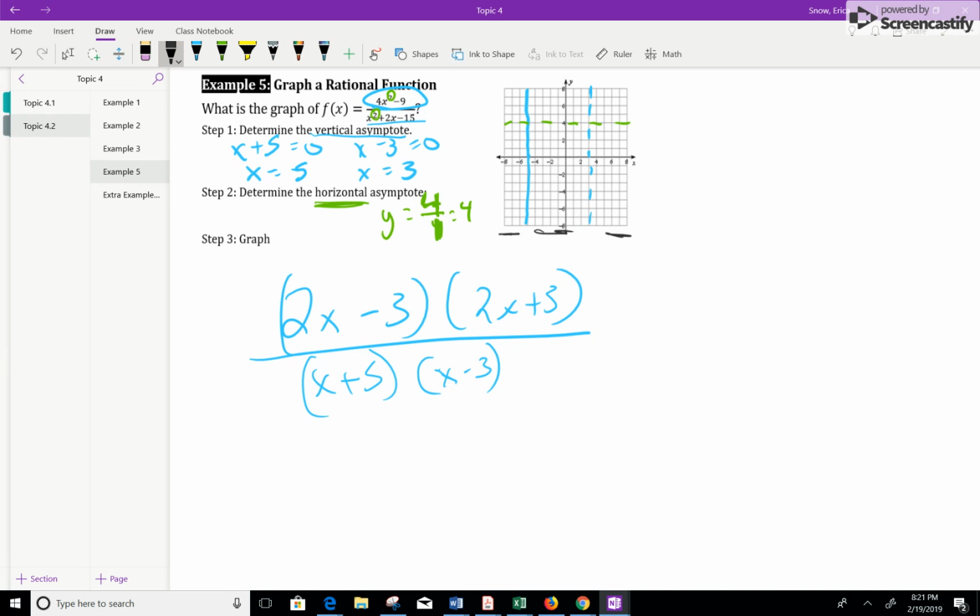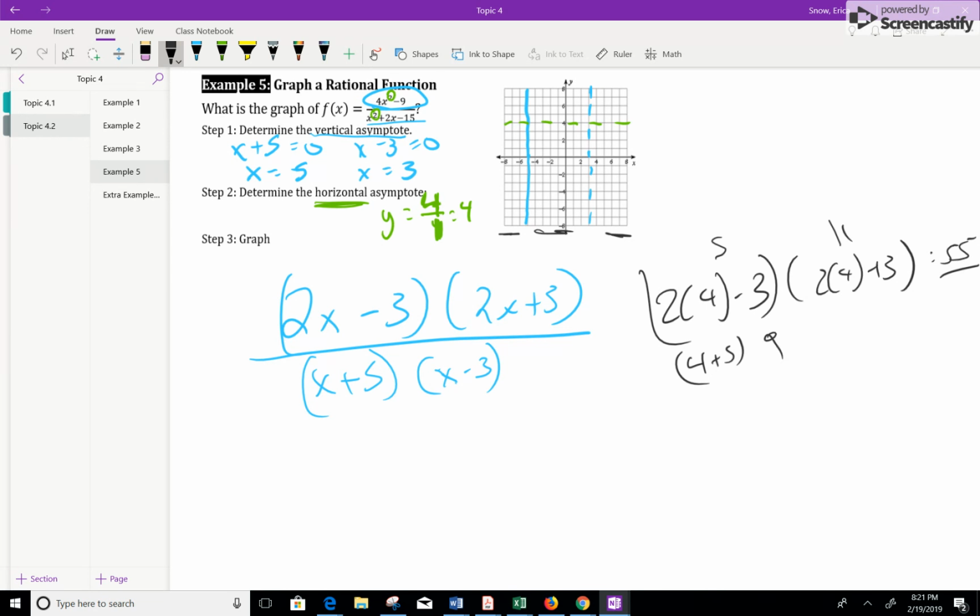So if x equals 4, we get 2 times 4 minus 3 times 2 times 4 plus 3, which is going to give us 5 times 11, which is 55, over 4 plus 5, which is 9, times 4 minus 3, which is 1, over 9. So this is going to give me some positive value that is almost 6. So we're going to have 4, 6, which means that this graph goes like this.